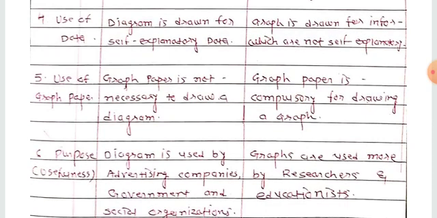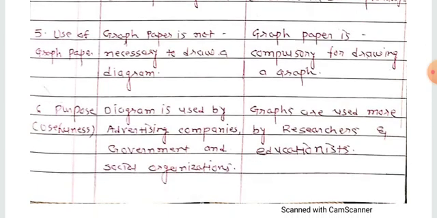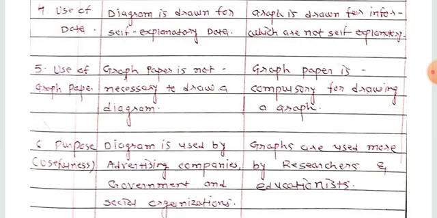Fourth, use of data. A diagram is used for self-explanatory data, while a graph is drawn from information which is not self-explanatory. Use of graph paper: graph paper is not required in a diagram, while graph paper is compulsory in a graph. And the last one is purpose of drawing.